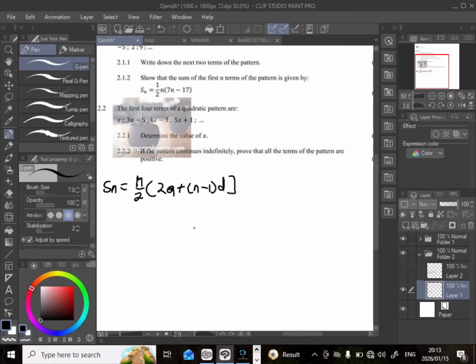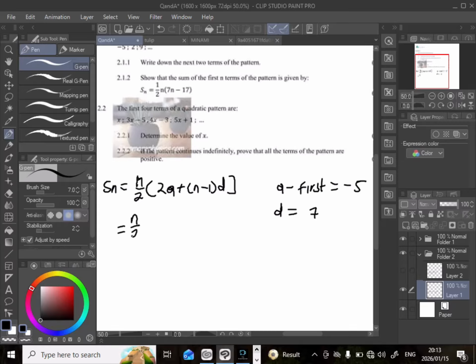Remember from grade 12 that a is the first term in the sequence, which here is -5, and d is the difference, which is +7. Since we know the first term and the difference, we just substitute so that we will get to this answer here.